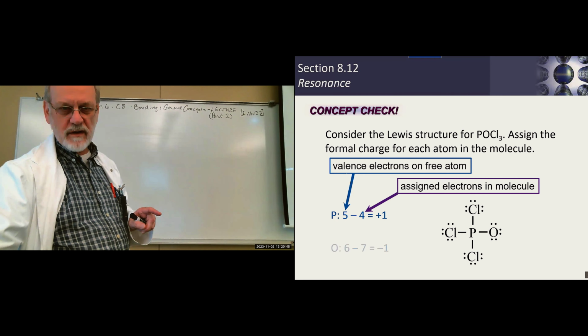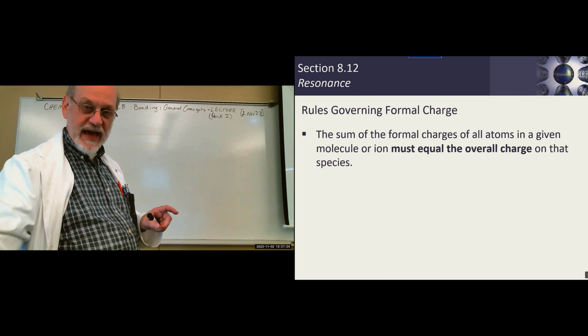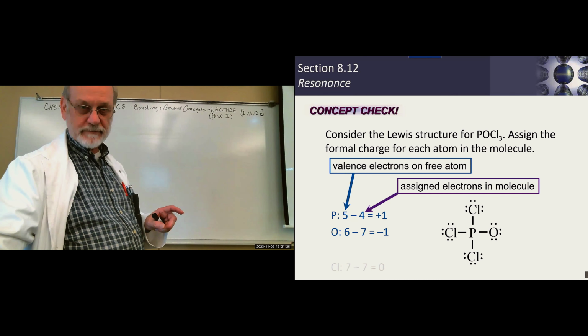All the chlorines, they have 7 valence electrons as free atoms, and each one has 7 electrons assigned to it in the molecule. It has 6 lone pair electrons and 1 from the bond. So that's 7. 7 minus 7 is 0. So we have calculated the formal charge for each of the atoms in that molecule.